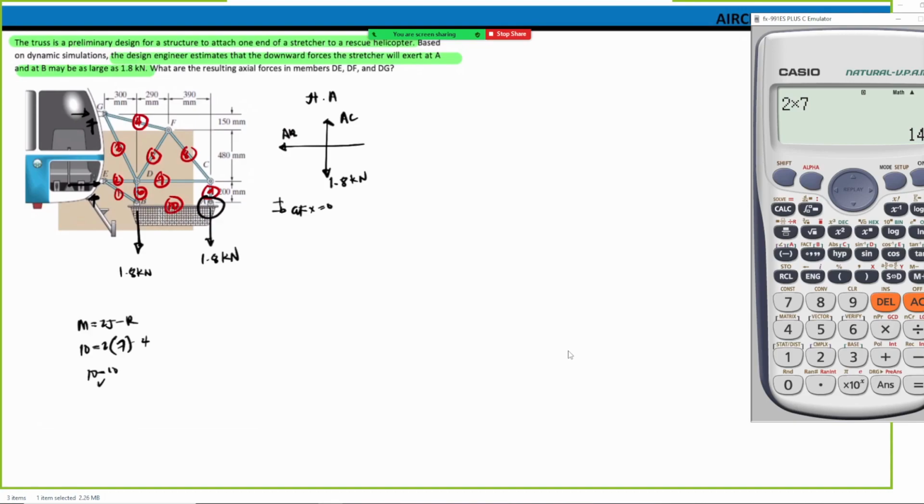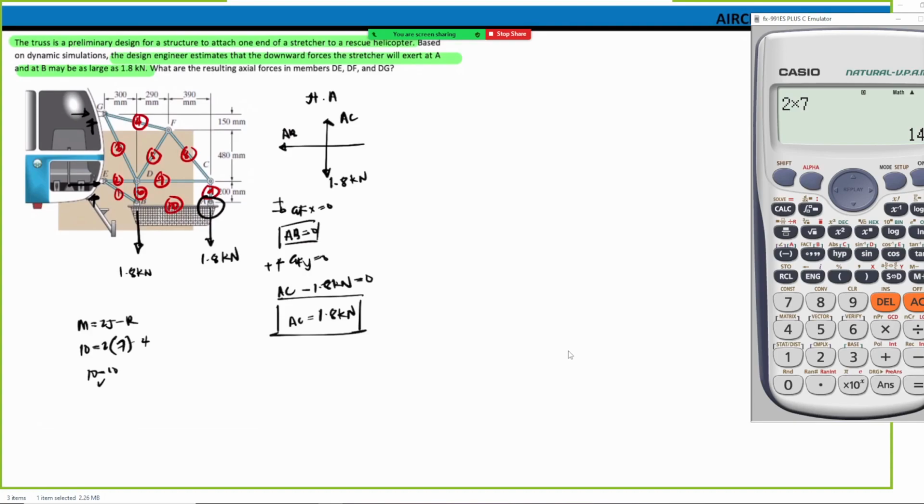Going right is positive. AB is equal to 0. Okay, and then summation forces Y is equal to 0. Going up is positive. AC minus 1.8 kilonewton is equal to 0 and AC is equal to 1.8 kilonewton. Okay?